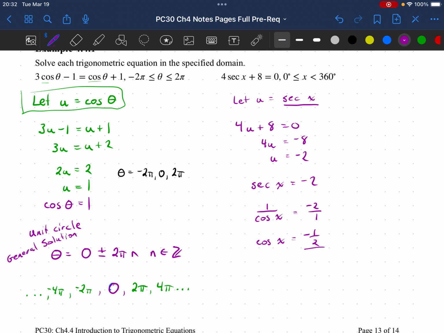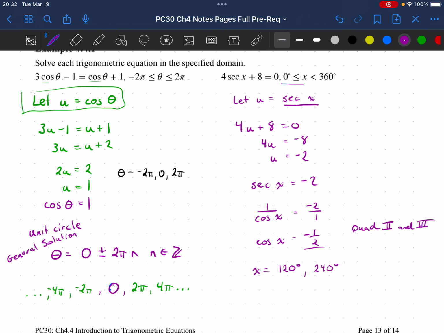I know that cosine is negative in quadrants 2 and 3, so I'm going to look in those two specifically. I go to my table and I get 120 degrees. That's one answer. My other answer is 240 degrees.